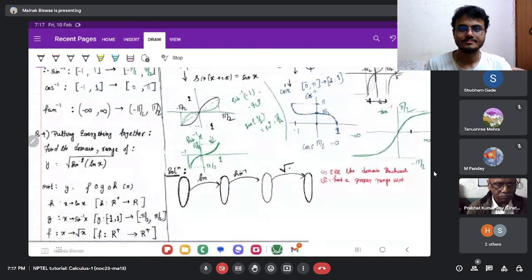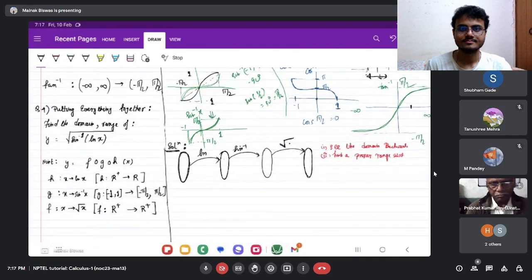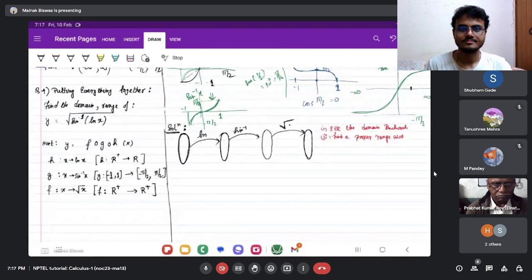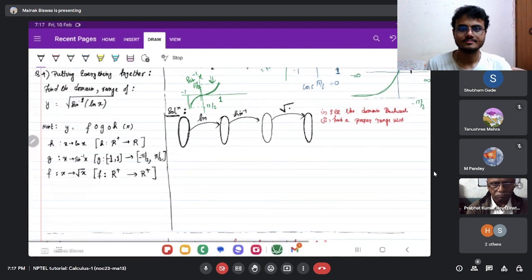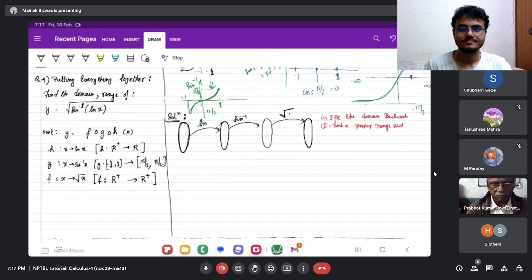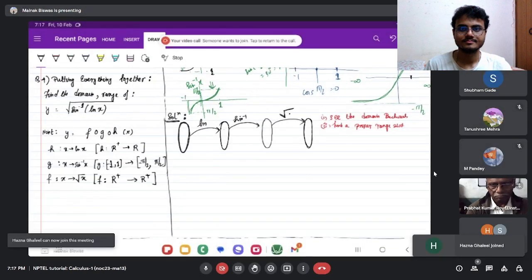So let's see. Since now I have defined this function, let's do this part. Putting everything together, what is the domain and range for this function? I would require, can anyone tell me, or I would do it.